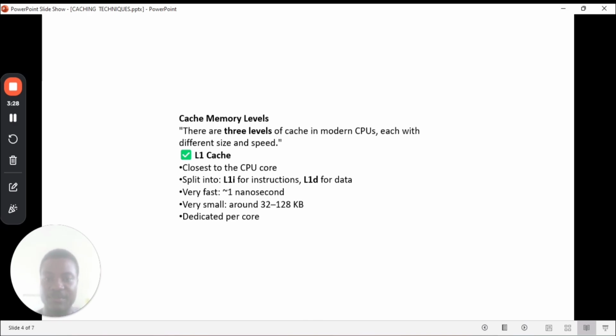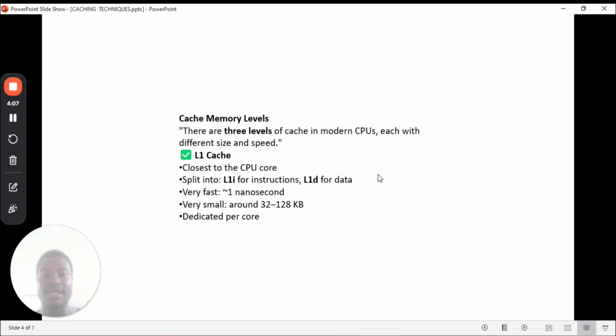It is very fast, at about 1 nanosecond, and very small, around 32 to 128 kilobytes, dedicated per core. That is how the first level of cache memory works.